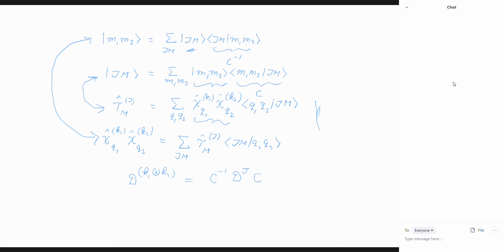But let's check that this object here, that is T_JM, does indeed rotate or transform according to the irreducible representation J. So let's check that this is equal to this one here, like that.